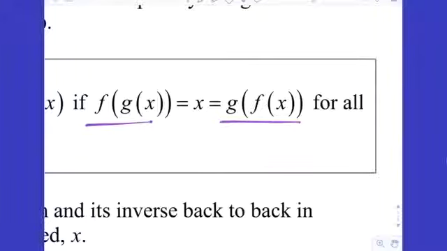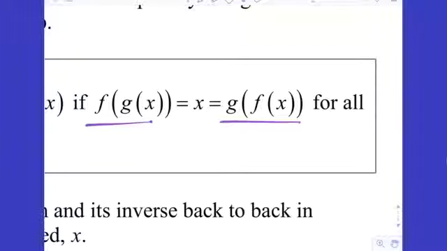But there is one time where composition of functions is commutative, and it's when f and g are inverses, right? So if I start here at x and I take one step to the right and one step to the left, I'm back where I started, right? If I take one step to the left and one step to the right, the other way, I'm still back where I started. So if we start with x and I apply function g, it's going to take me somewhere.